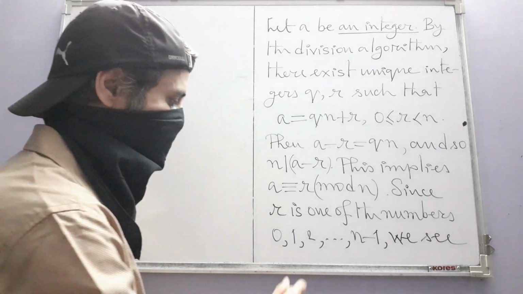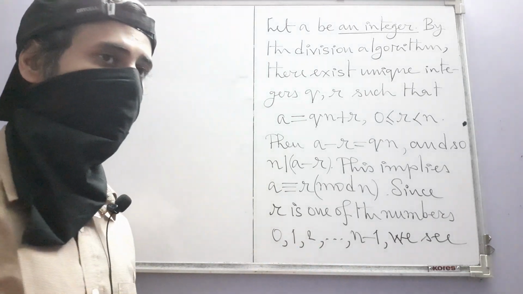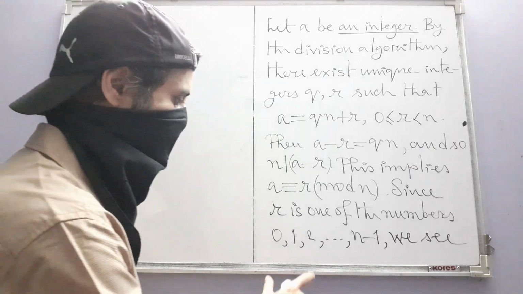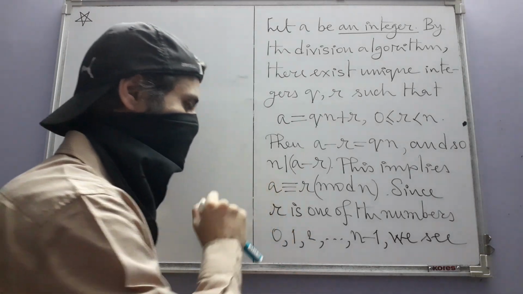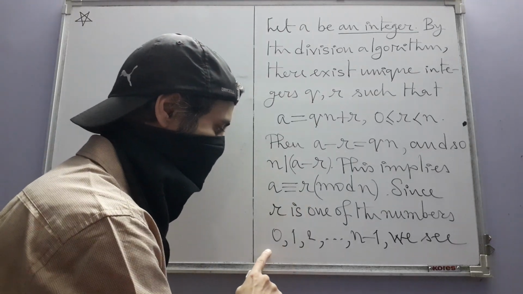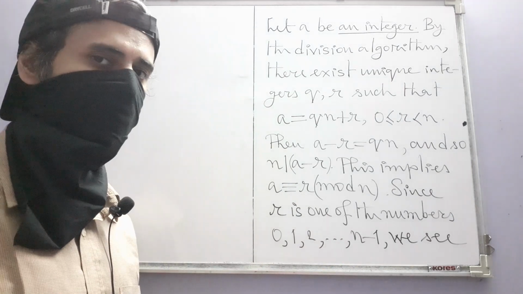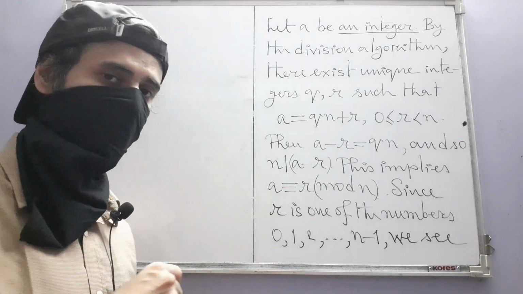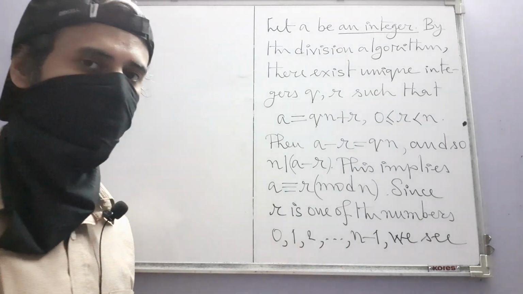But you can understand that we have reduced the scope drastically. This is a very significant simplification. When talking about congruence, on this side you can have infinitely many integers, but on this side you can always consider one of these, and that's enough. So as far as congruence modulo n is concerned, actually these numbers are enough.